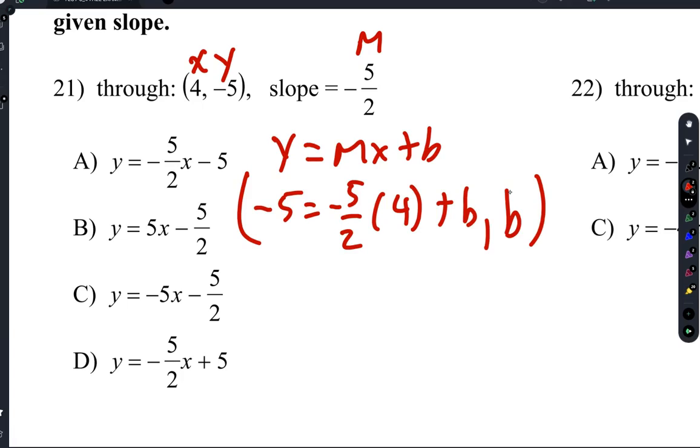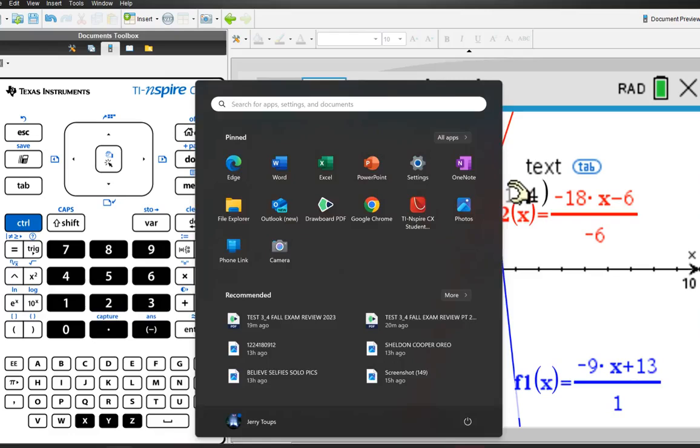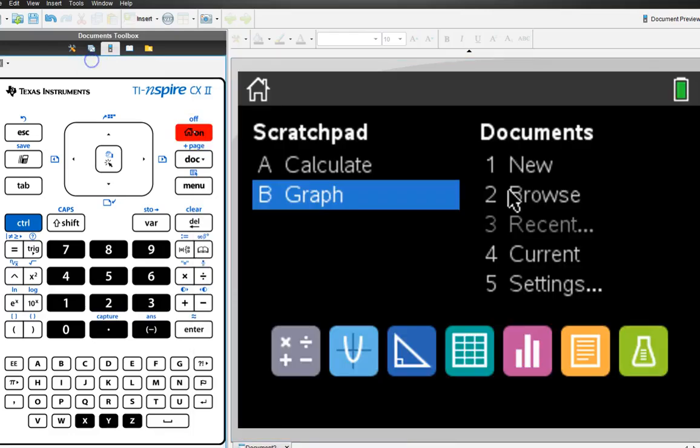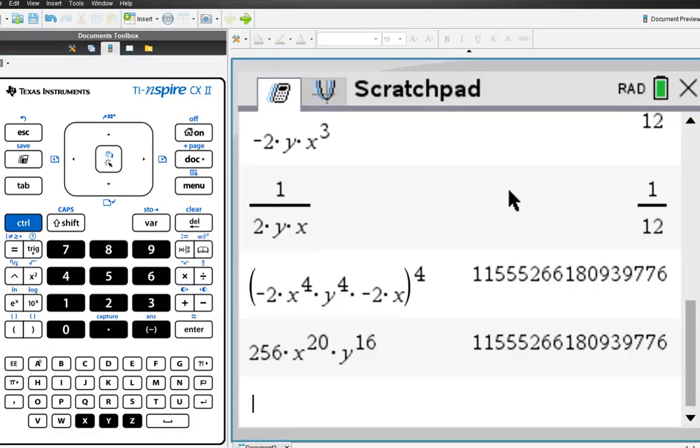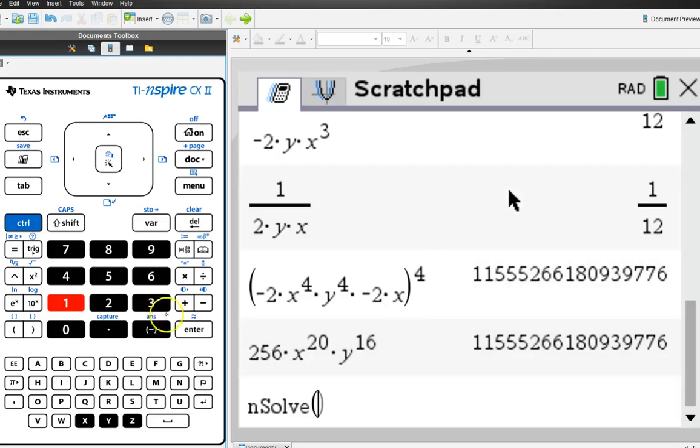So I'm going to go to the calculator. I'm going to do home, then calculate. And then I'm going to type in the problem. I'm going to do menu 3, 1. And then I'm going to type in negative 5 equals negative 5 over 2.